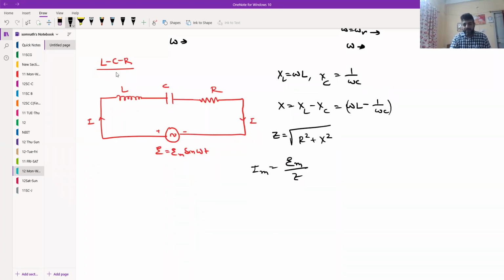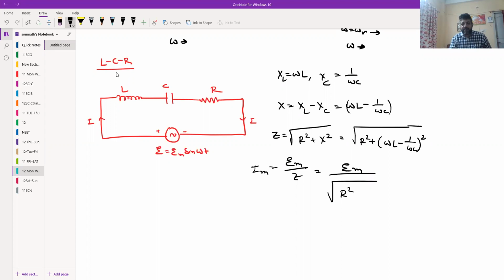Any doubt? If you want to time pass, I can time pass. I can write it as Z equals root of R square plus omega L minus 1 by omega C whole square.